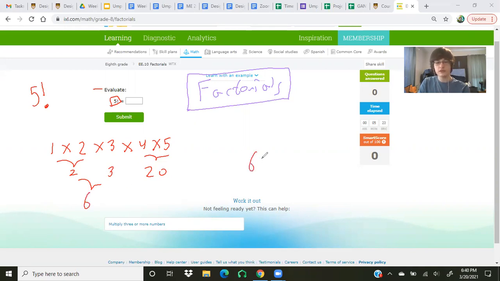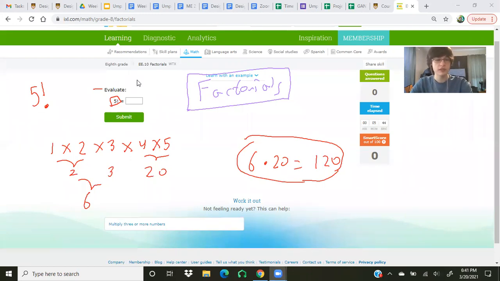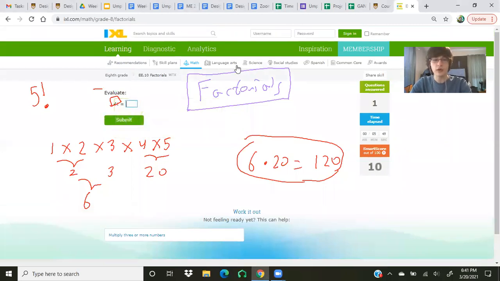So what is 6 times 20? It is 120. And hopefully, if you plugged in 1 times 2 times 3 times 4 times 5 in your calculator, you would in fact get 120. So let's put 120 here. And we are correct.